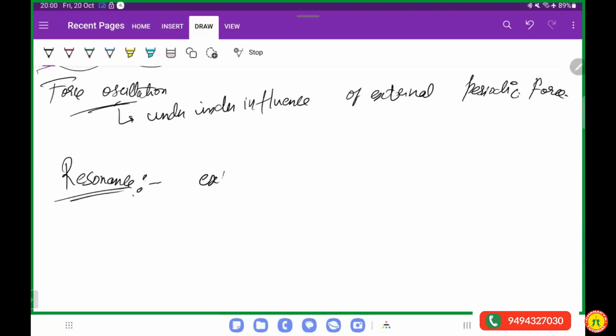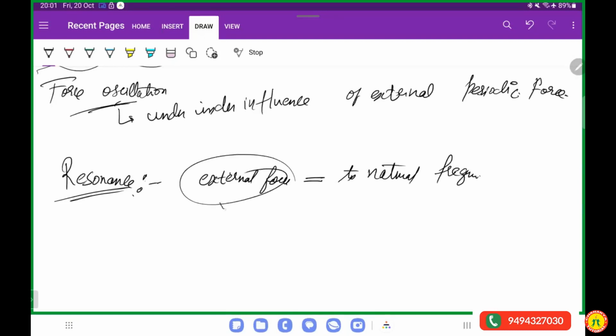So when the frequency of the external force equals the natural frequency, they combine and it forms resonance.